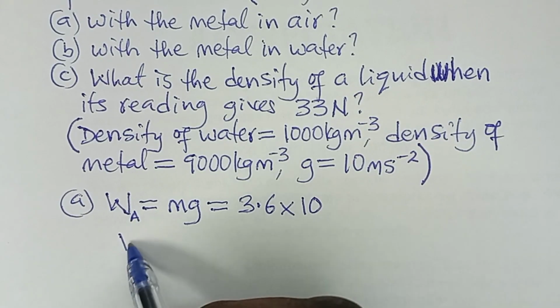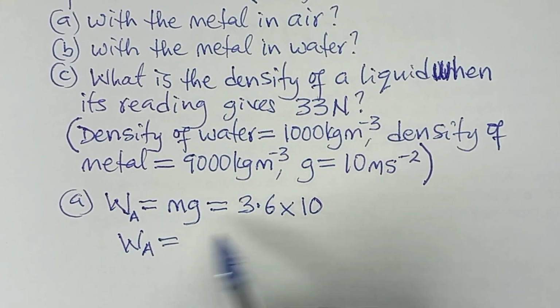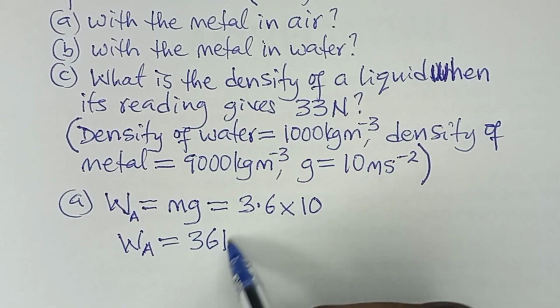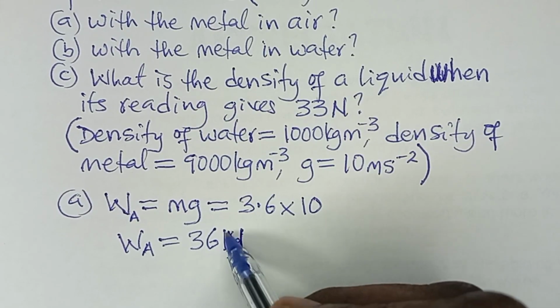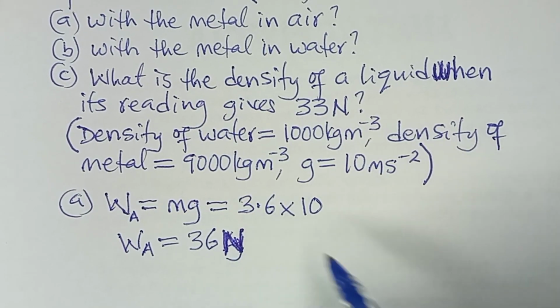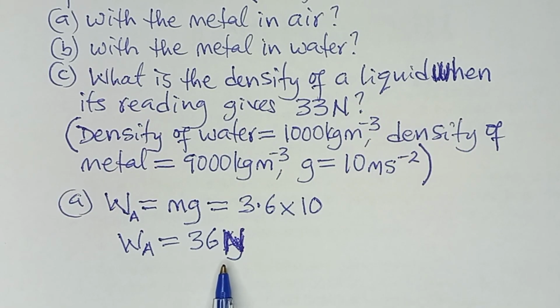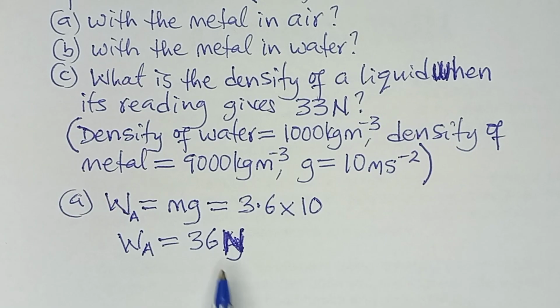And that will give us the weight of the metal in air as 3.6 times 10 will give us 36 kilogram. Sorry, 36 Newton. Don't forget, weight is in Newton. So 36 Newton is the weight of the object in air.